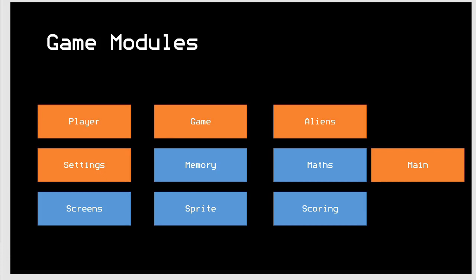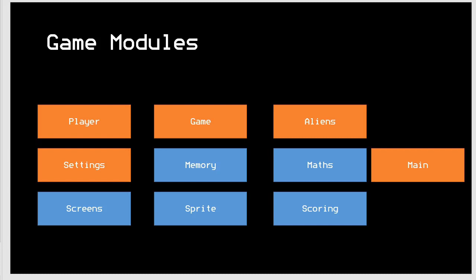In fact, I'm not sure we're going to be doing the aliens, because not every game would have an alien, would it? We might not do that. We'll definitely do the player and the game. Might do the alien, don't know. But they're the ones we're going to start off with for the template. And main is not going to be a class. That is the program that we run to make this all work, and it will always be called main.